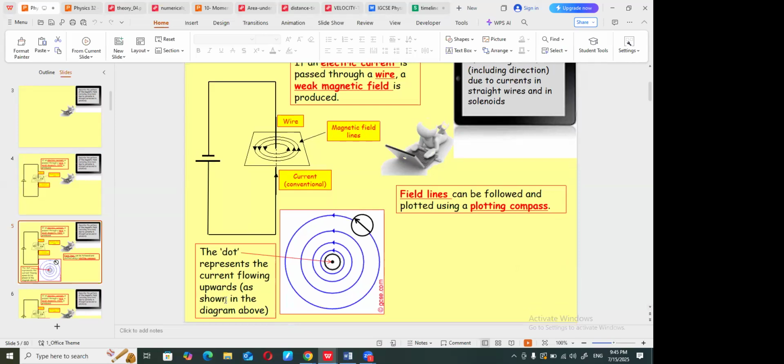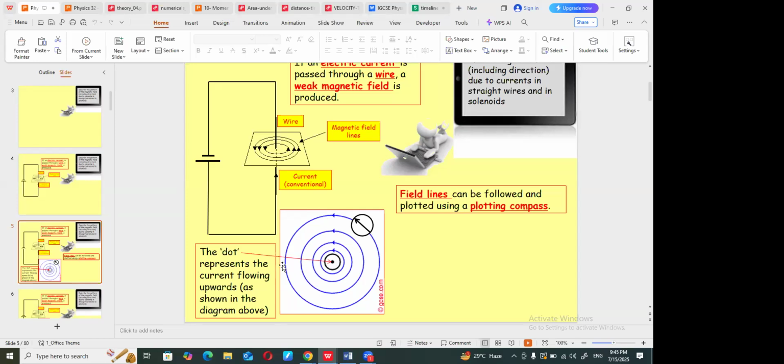The dot represents the current flowing upward. Whenever the current is flowing in the upward direction, we call it current up. Dot means out of the page. And these circles are showing the magnetic field, which is concentrating around it, so this is anti-clockwise. So when the current is out of the page, the magnetic field is anti-clockwise.